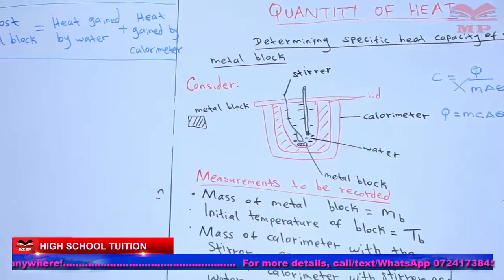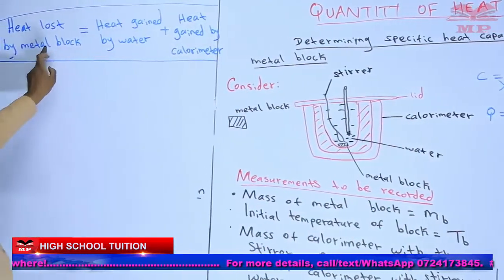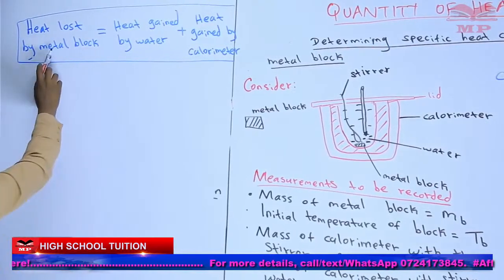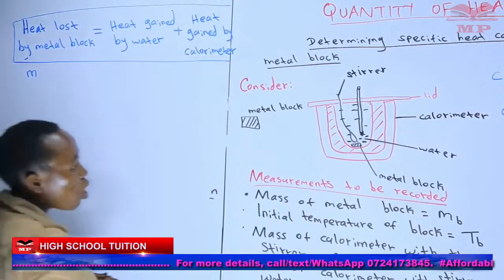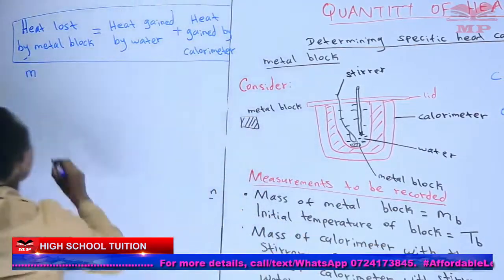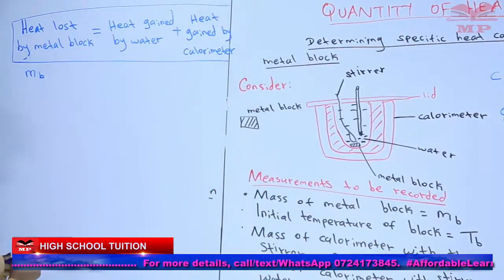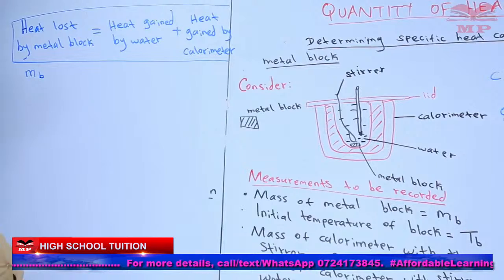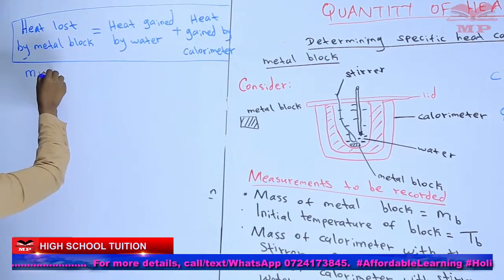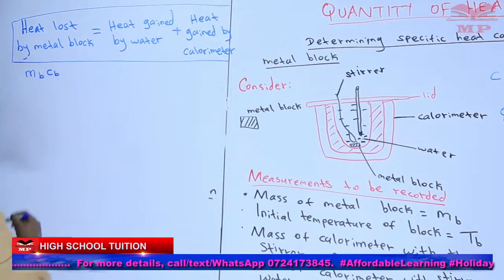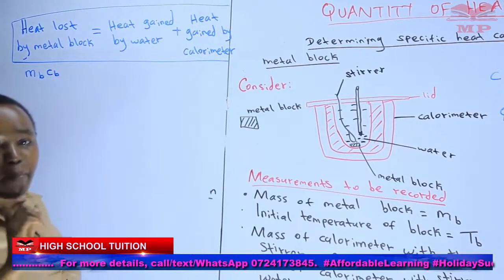So heat lost by the metal block will be given by the mass of the metal block, mB, multiplied by the specific heat capacity of the block, multiplied by the change in temperature.